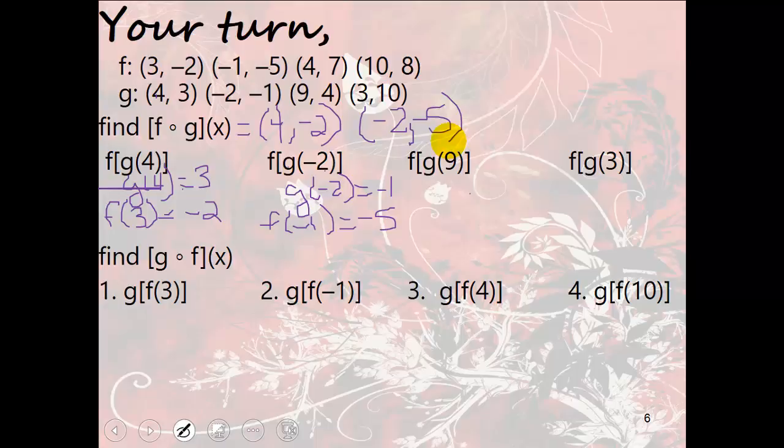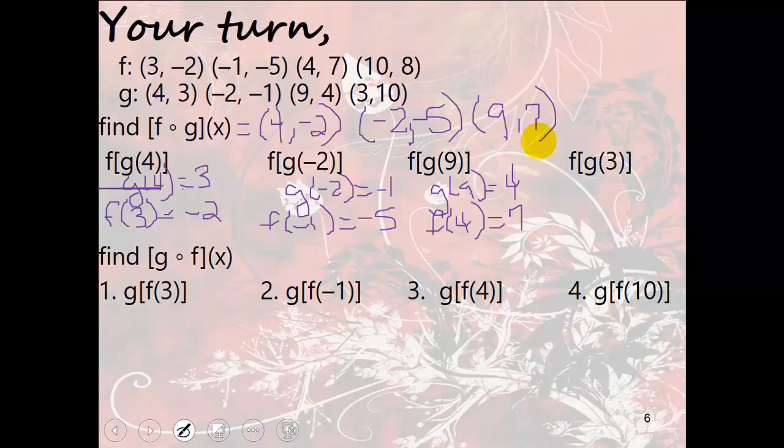Now I'm going to do the next input for G, which is 9. G of 9 is equal to 4. F of 4, well, here's 4, and I get an output of 7. So I plug in a 9, and I get out a 7.